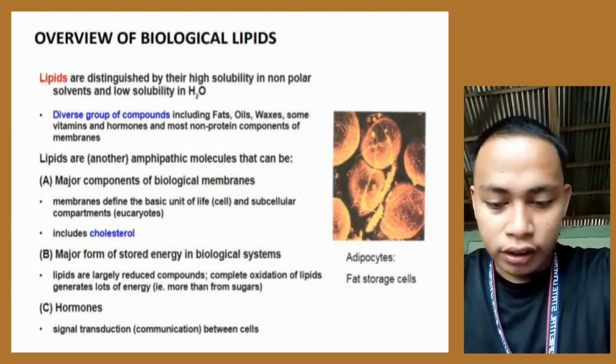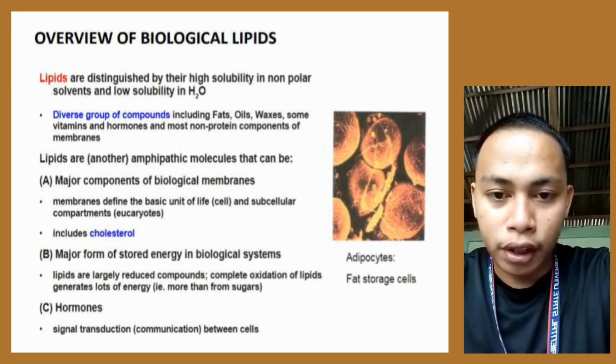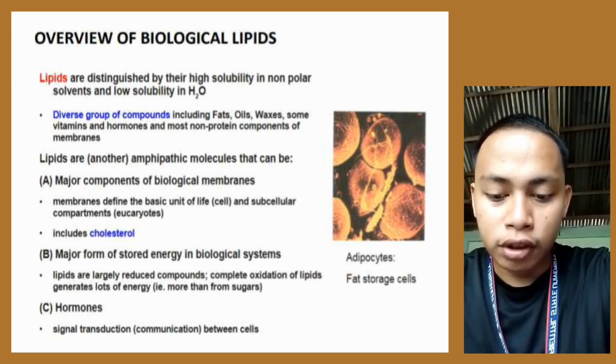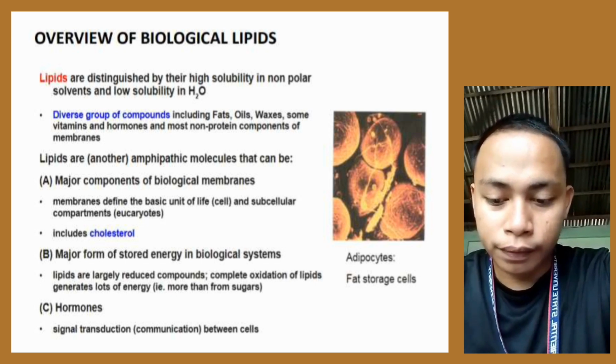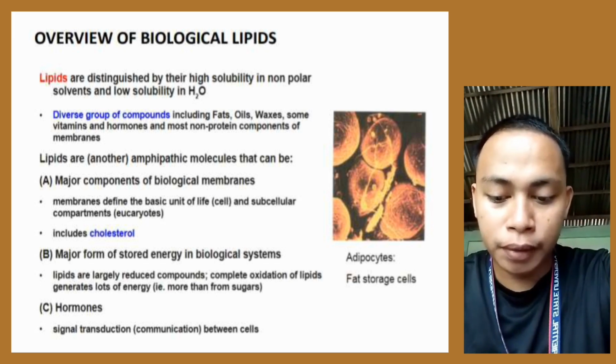Lipids are distinguished by their high solubility in non-polar solvents and low solubility in H2O. They are a diverse group of compounds including fats, oils, waxes, vitamins, and hormones. Most non-protein components of membranes.